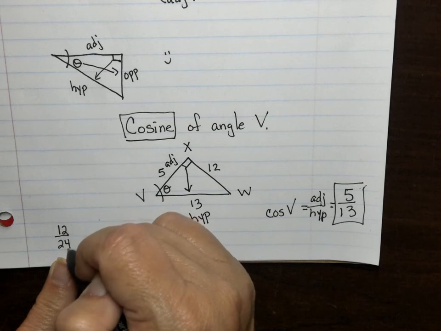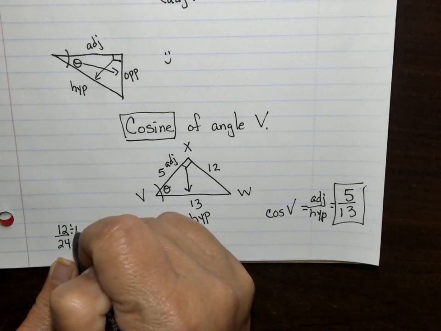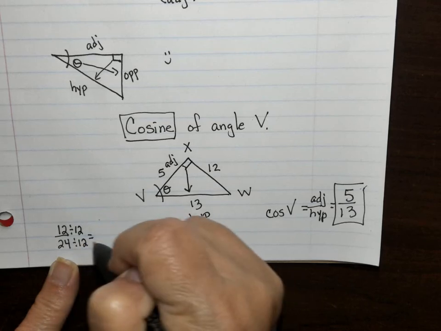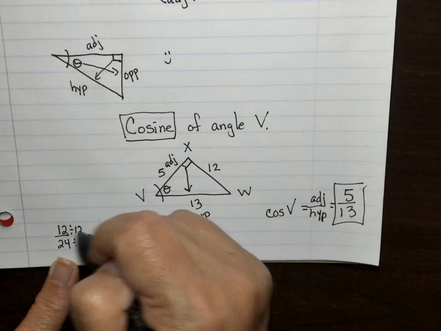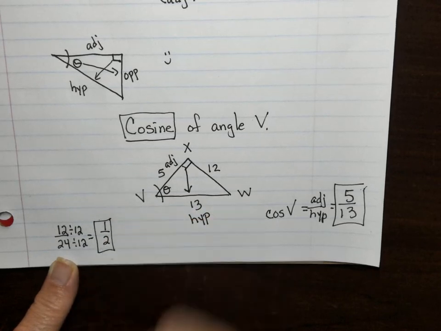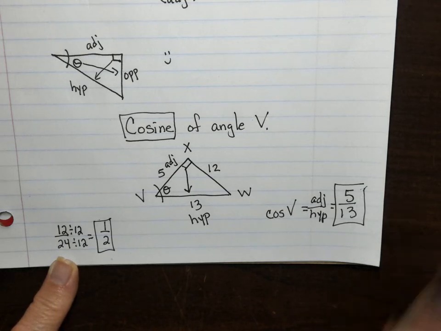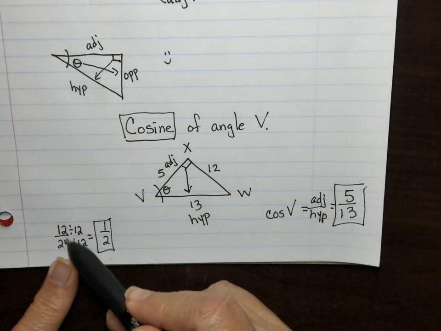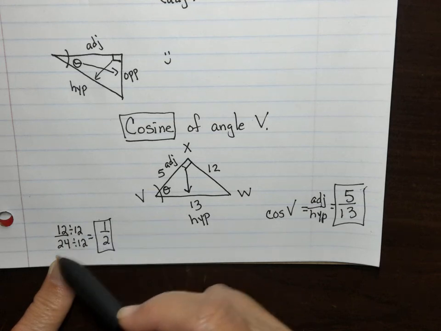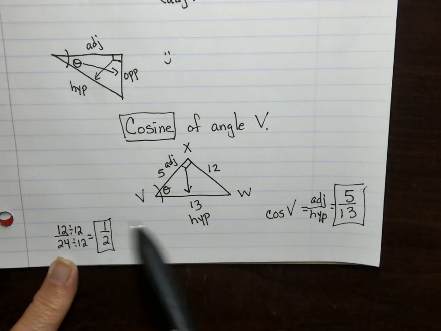So whenever you get numbers that can simplify, like 12 can go into 12 and 12 can go into 24. So 12 over 24, if you divide them by 12, is actually 1/2. So a lot of them, like 5 over 13, you can't simplify. But if you get two even numbers on top of each other, make sure you simplify first, right? Because even numbers can always be divided by at least 2.